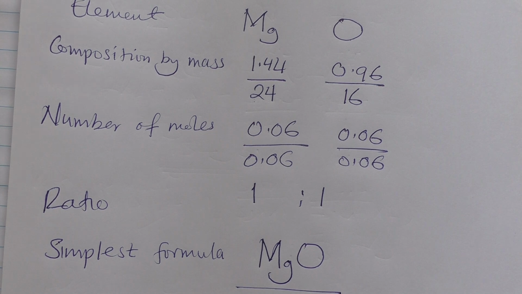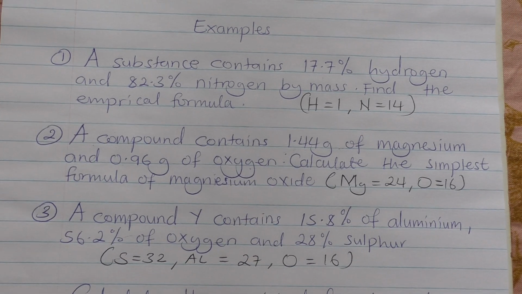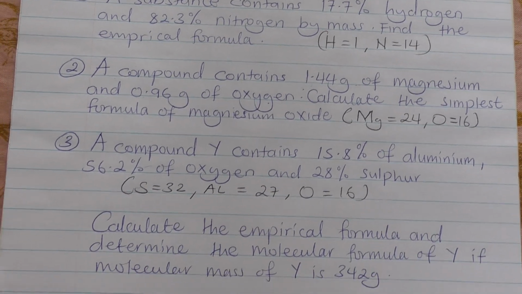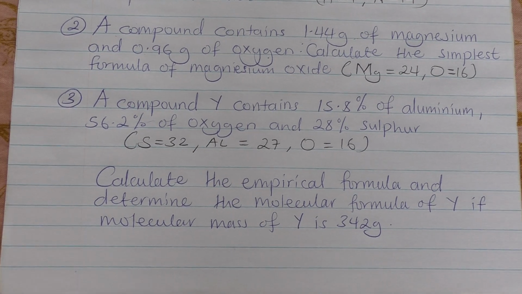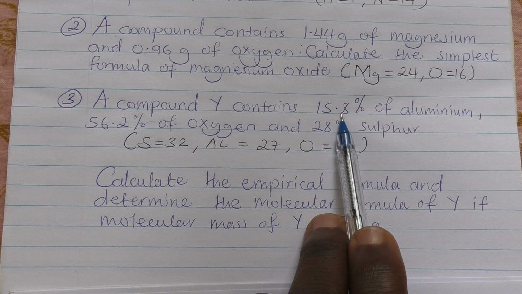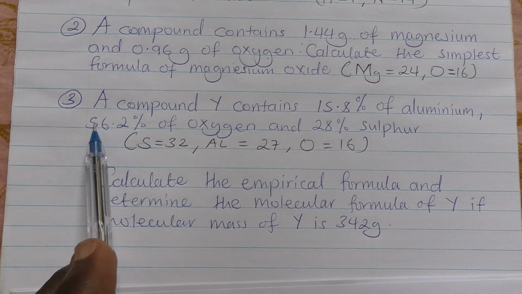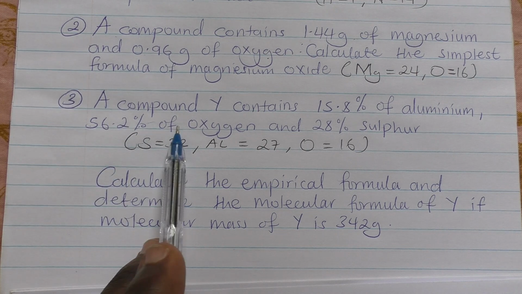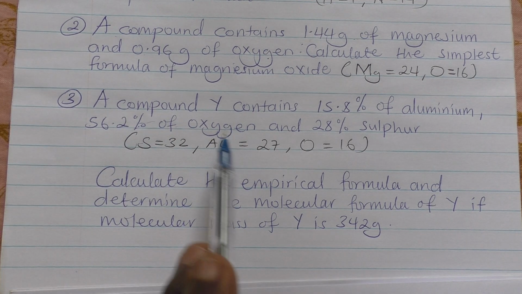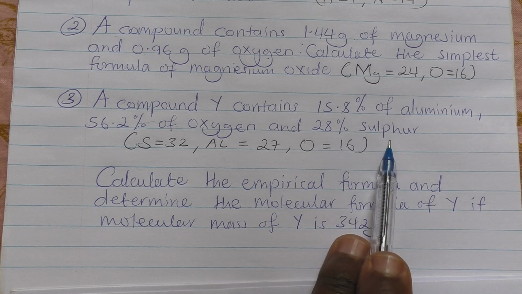Then in our next example we shall look at how we find the molecular formula. So let us do that. That is example 3, which says that a compound Y contains 15.8% of aluminium and 56.2% of oxygen and 28% sulfur.